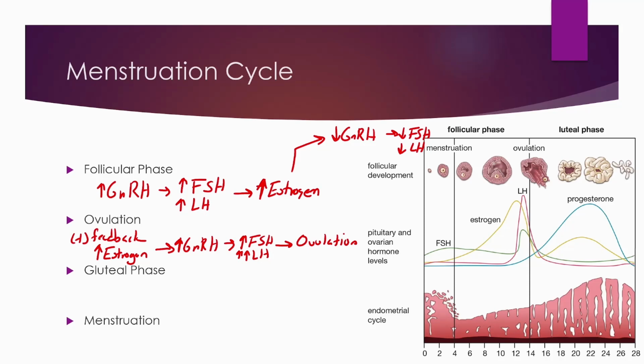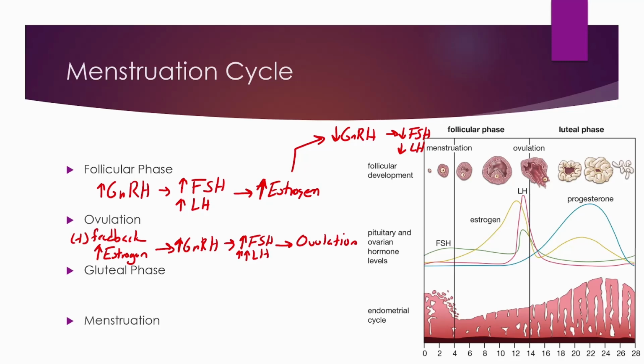Moving on to the luteal phase, the LH will cause a ruptured follicle to form the corpus luteum. This is what's going to be secreting progesterone. Progesterone is what maintains implantation, while estrogen regenerates the uterine lining. Progesterone levels begin to rise while estrogen levels remain high.